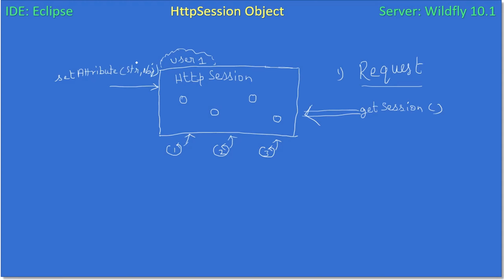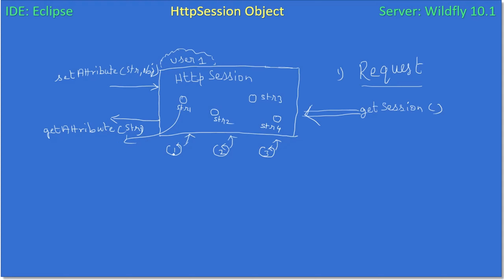You can store the object under a string name. Likewise, you can store more objects. After that, you can retrieve those objects using getAttribute by supplying the string. Each object is identified by the first parameter you supply. So you can make a call to getAttribute and pass the string to retrieve the object you want. If it is str1, then you will get that particular object from the session.